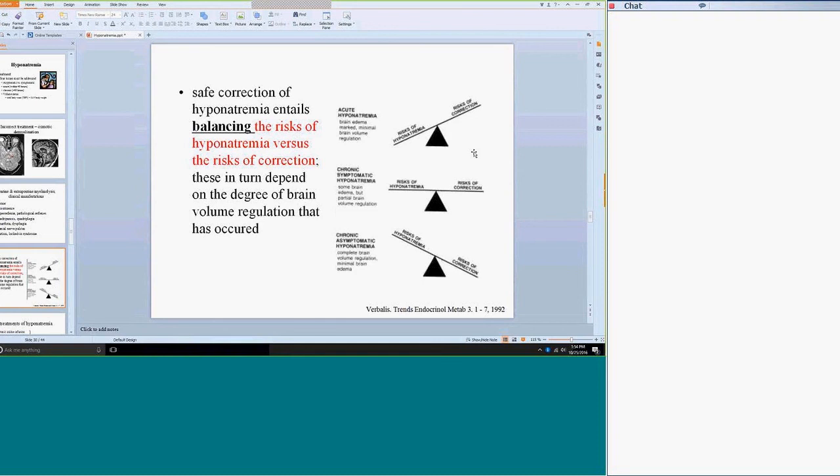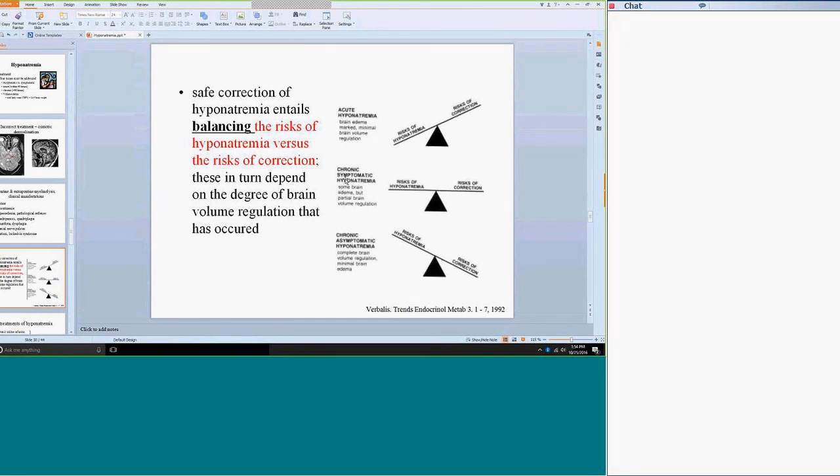So hyponatremia, there is more benefit from correction than risk. The risk of hyponatremia is higher compared to the risk of correction.